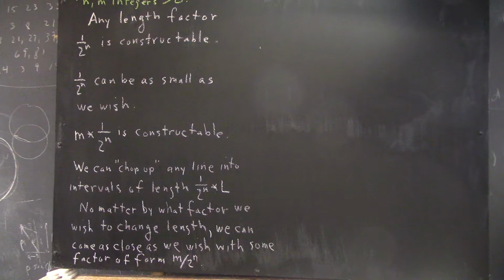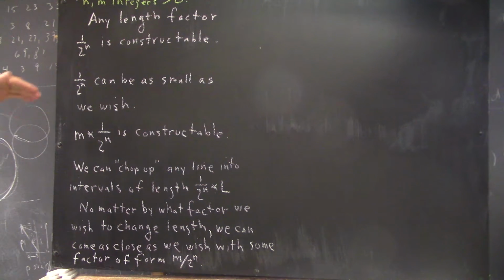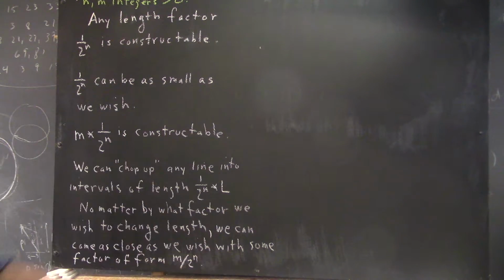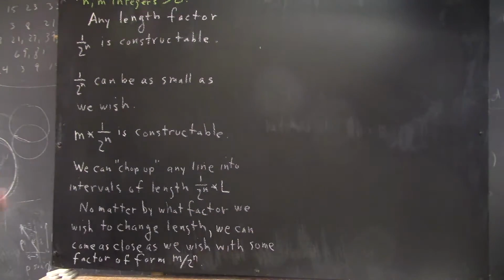2/3 is not of this form, is it? For m you could use 2, but 3 is not of the form 2 to the n. Then, and this is not an exact mathematical statement, but you can understand what it means: any line, and by any line I mean any infinite line. Of course, we don't have time to chop up an infinite line because we'd be at it forever.